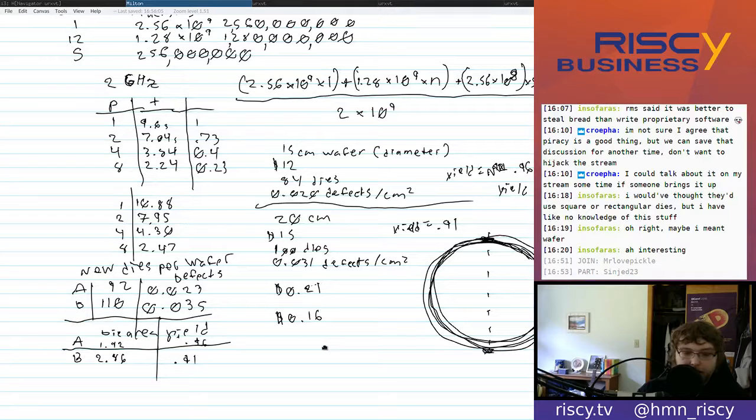Okay, what's next? Assume a fabrication process improves the yield from 0.92 to 0.95. So wait a minute, they just gave us the yield. 0.92. I said 0.96 for the first one, 0.91 for the second one.